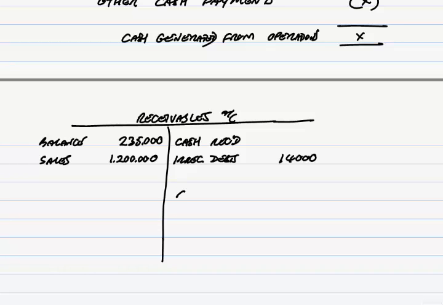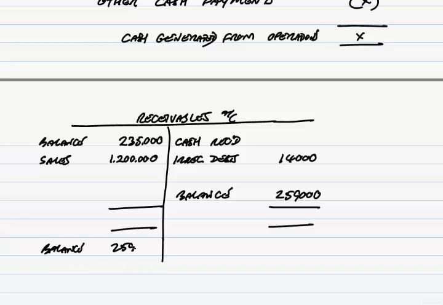Finally, we do know what balance we end up with. The balance at the end of the year, where is it? 259,000. Well, the cash received must be the missing figure, so let's check. The debit side, 1.435 million.